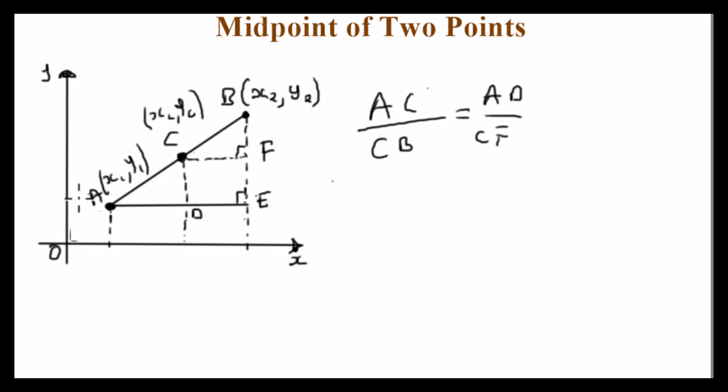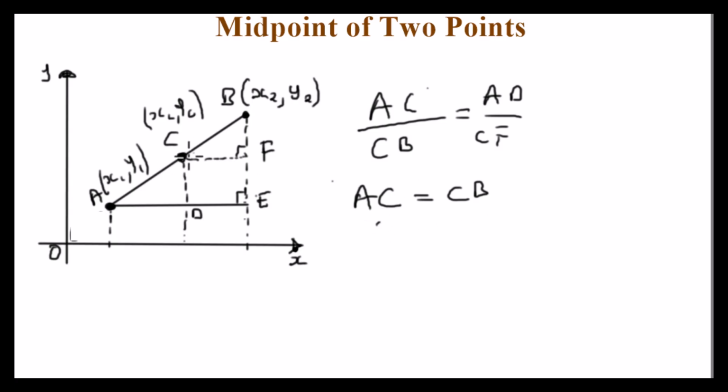Because of that, we're able to take the ratio AC over CB to also be equal to AD over CF. Now we can also say AC is equal to CB. Why are we saying AC is equal to CB?